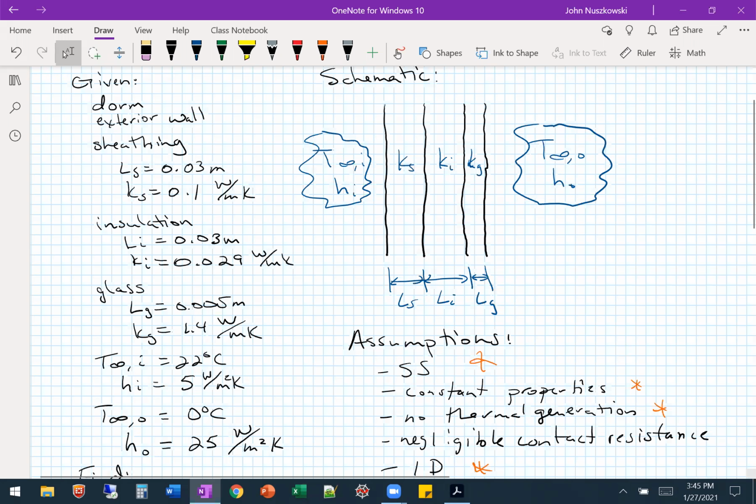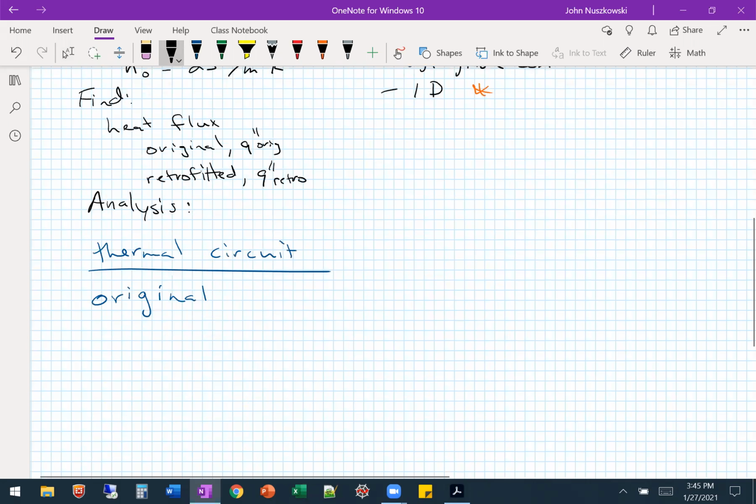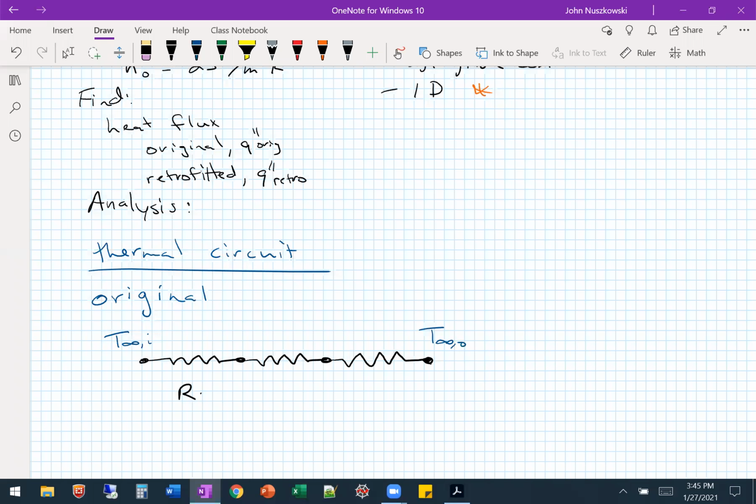So the original then, and this will be our resistance from convection inner, and then we had our resistance from the sheathing, our resistance outer from convection. Okay.